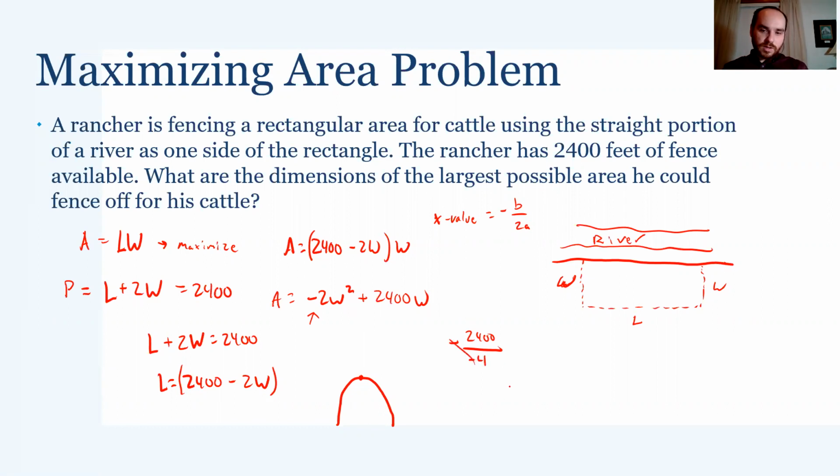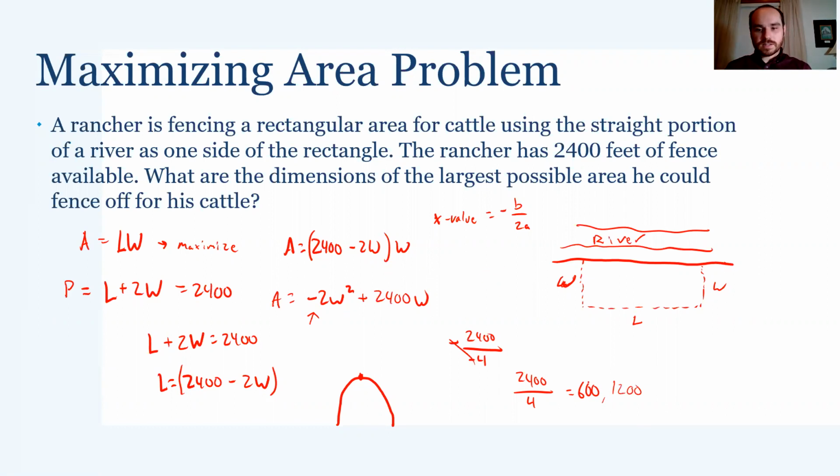We get 2,400 divided by 4. 2,400 divided by 4 equals 600. Now 600 is the x value of our vertex, so of our maximum, which leaves the other value in this case as 1,200.